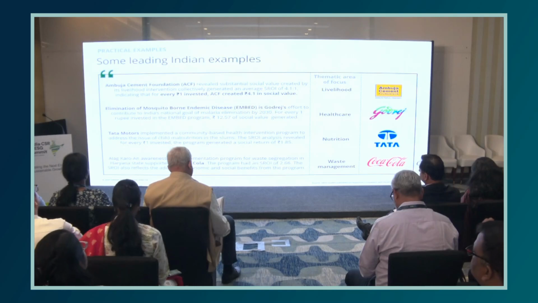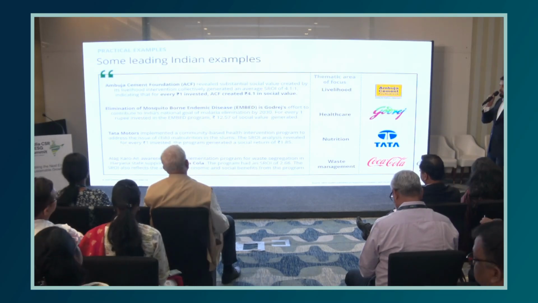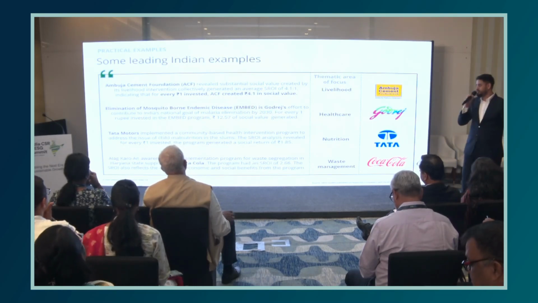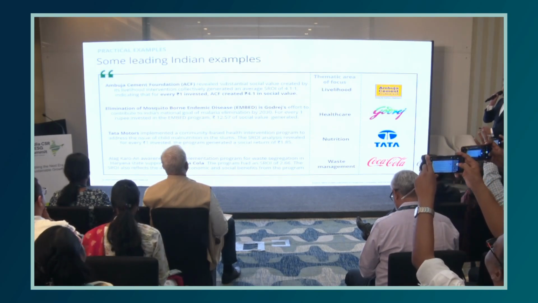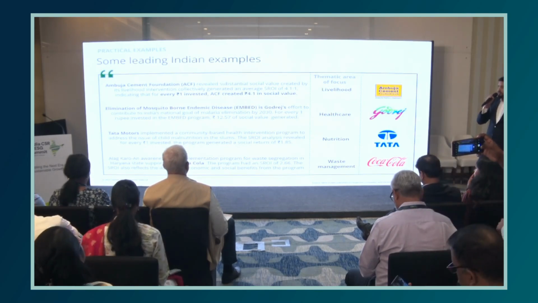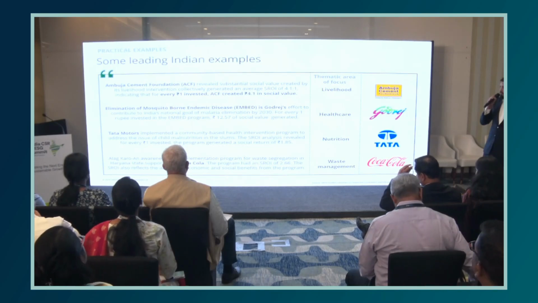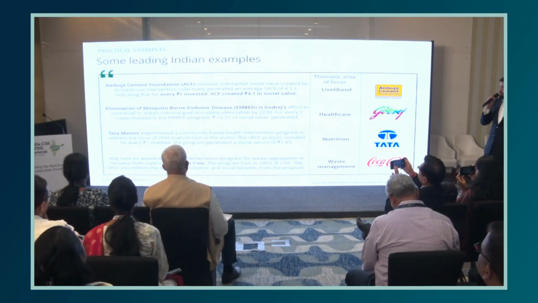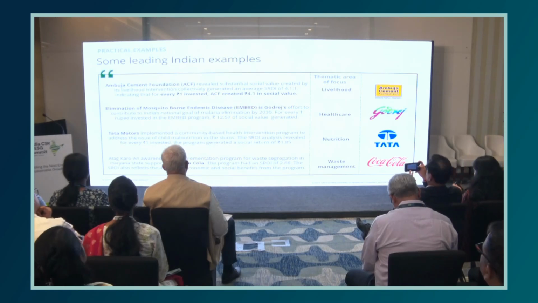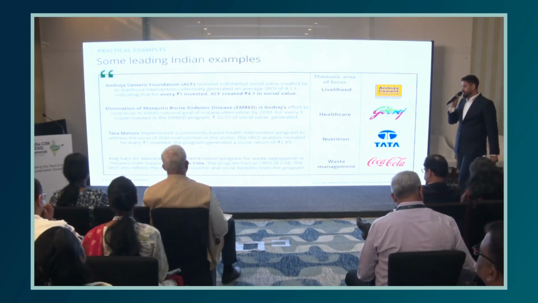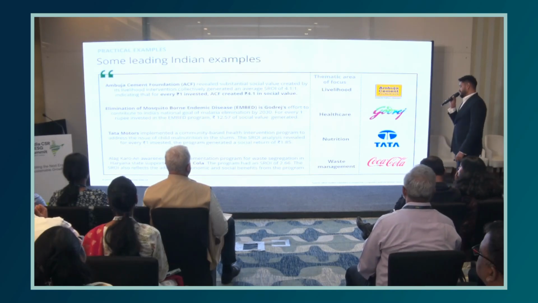On Indian adoption, as we said earlier, Ambuja Cement Foundation was one of the earliest organizations to go ahead and look at SROI adoption in the livelihood intervention. Godrej has done the EMBED program, where they've also presented a potential 12.57 for every 1 rupee generated. Tata Motors also has looked at community-based health intervention, and even Coca-Cola.